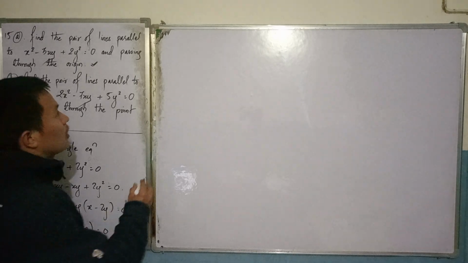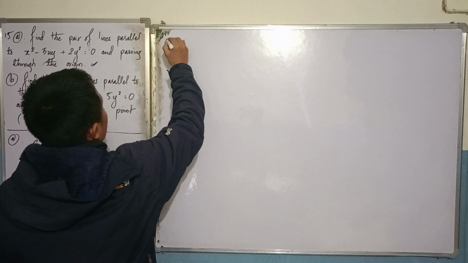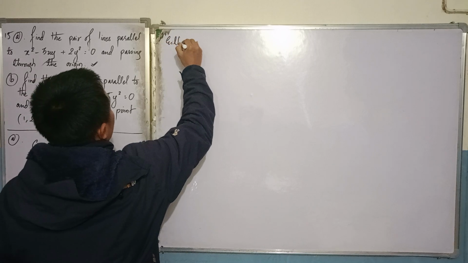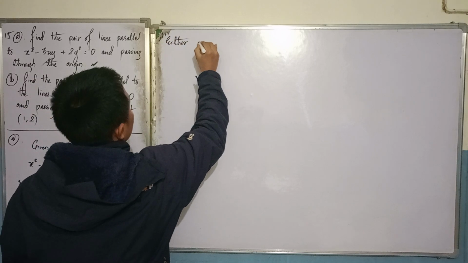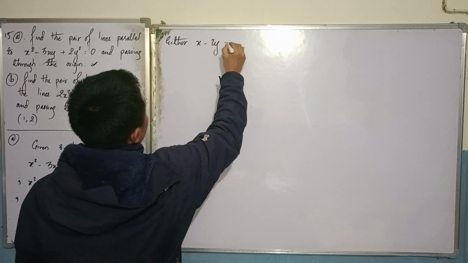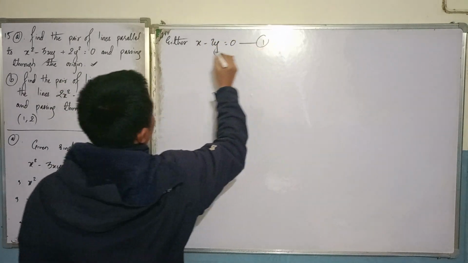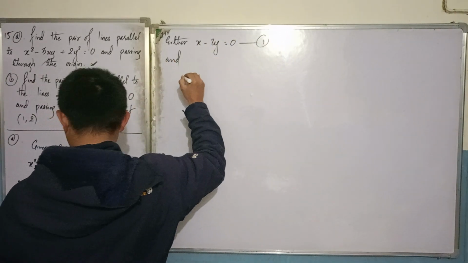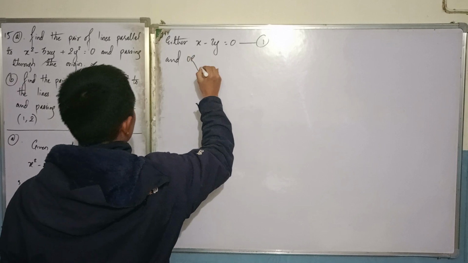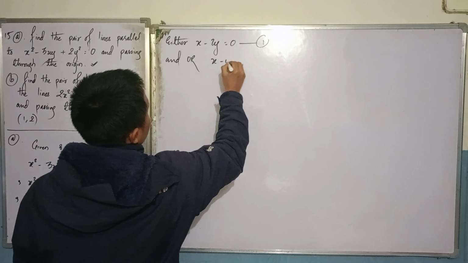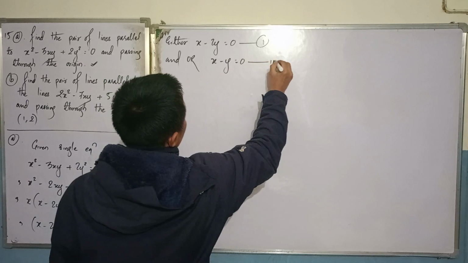So two lines, either x minus 2y is equals to 0, this is I, and another x minus y is equals to 0, this is double I.